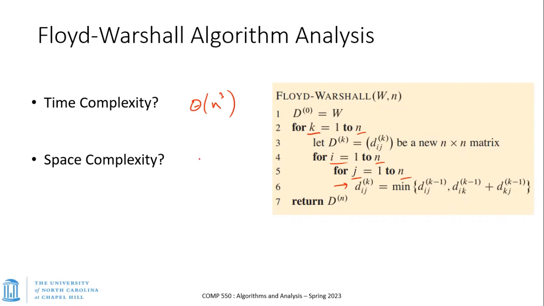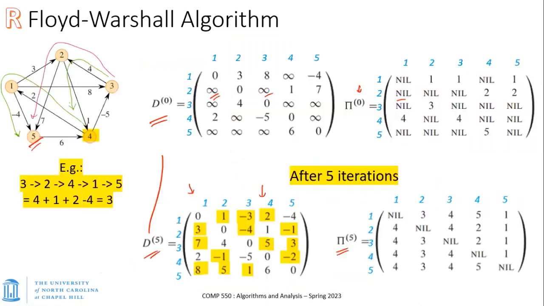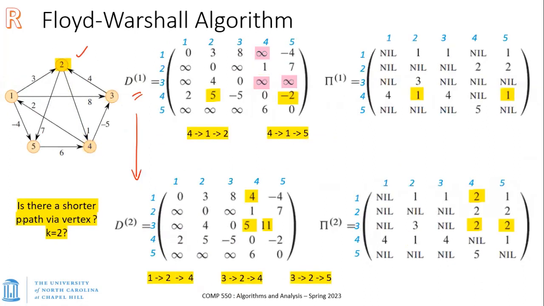What would be the space complexity? Somebody else, what do you think would be the space complexity? Now, think back, the way we did it is that we went through all of these matrices, right?